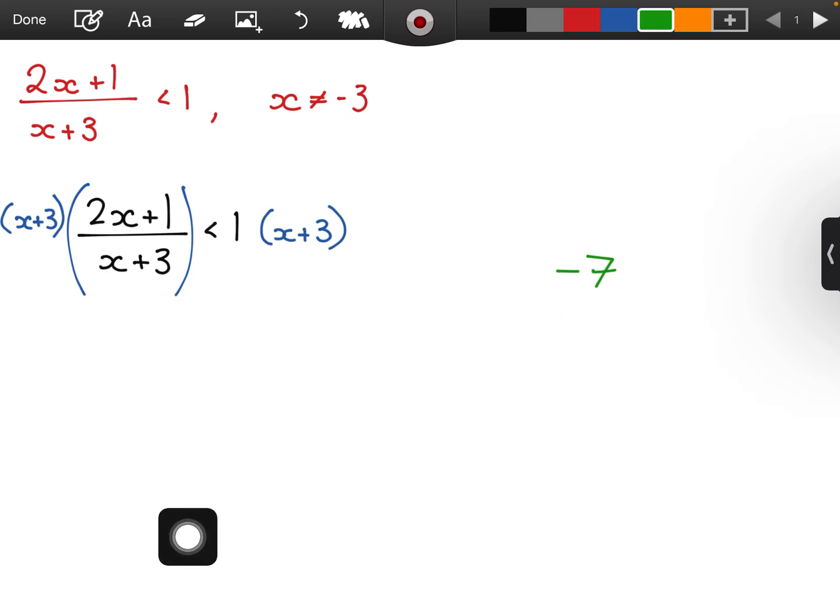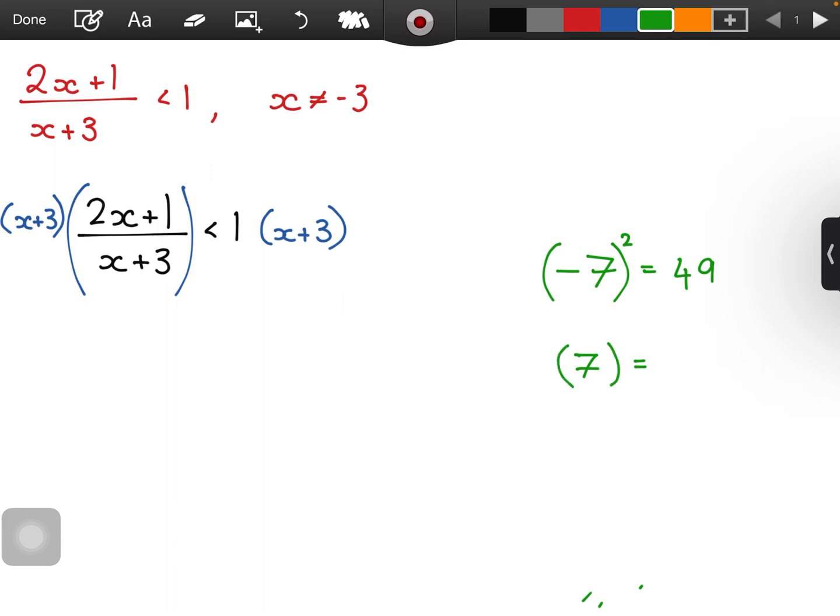What can I do to a minus 7 to get the same answer as something I can do to a plus 7? The answer there that we discussed is that if I square this, I will get a plus 49. And if I square this, I will get a plus 49.